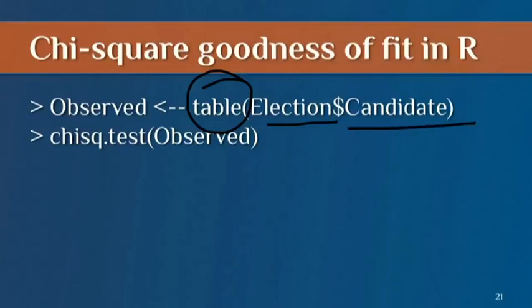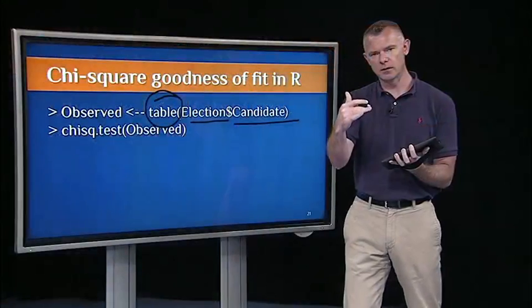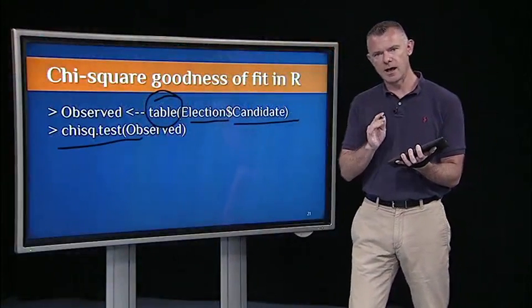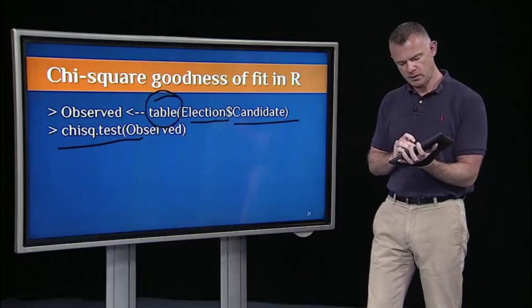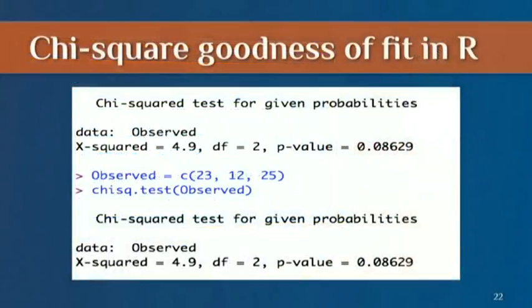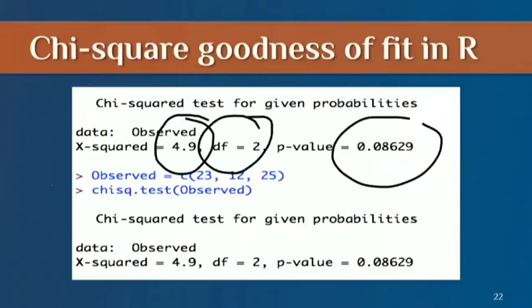If I put those into a table and call those my observed, and then run the function chisq.test on observed, I would get the following output. And this matches exactly what we got for our calculations. The chi-square is 4.9, degrees of freedom is 2, and the p-value is 0.086, rounded up to 0.09, which is what I got in my hand calculations.